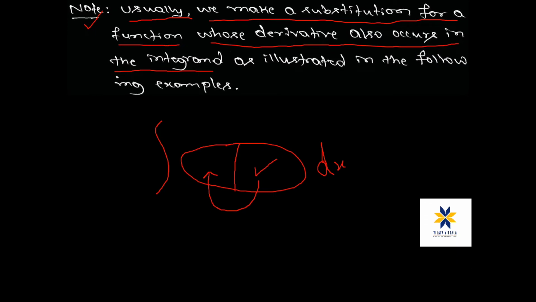When you differentiate the function which you have selected for substitution, you will get some other part in the integrand. What is the integrand? This full is your integrand. So we need to keep this in mind at the time of substitution.